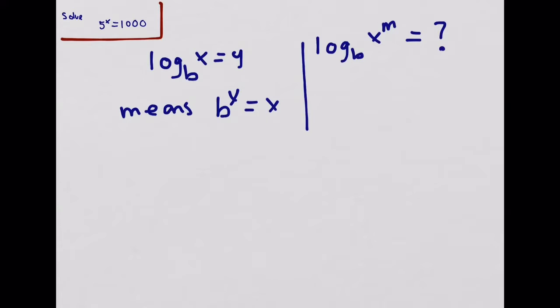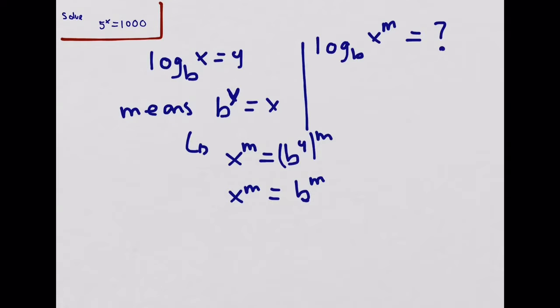If I know that log base b of x is y, I can deduce that x to the m should be b to the y, to the m. That just means that x to the m is b to the m times y, correct? Because you multiply the powers. So there you go. That's our answer.